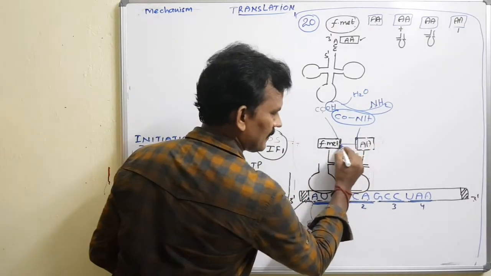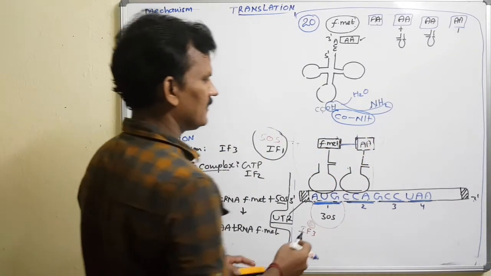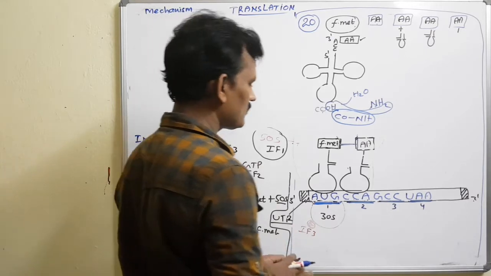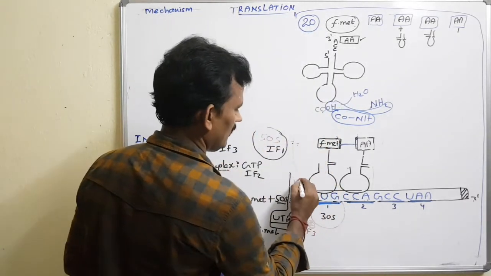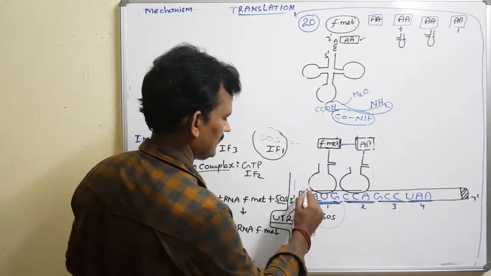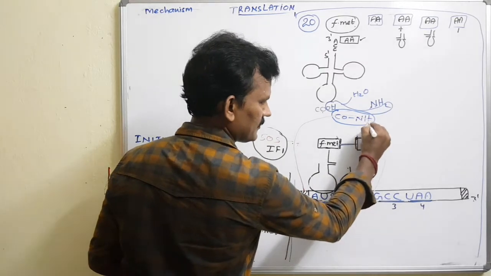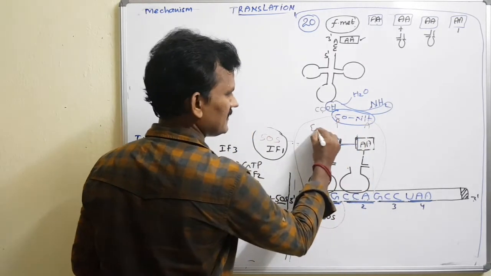Their relation is a peptide bond. Now the ribosome is present over it. This is the A site, this is the P site, this is the E site.